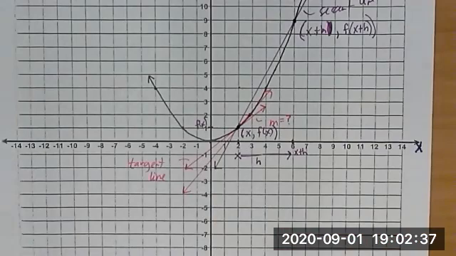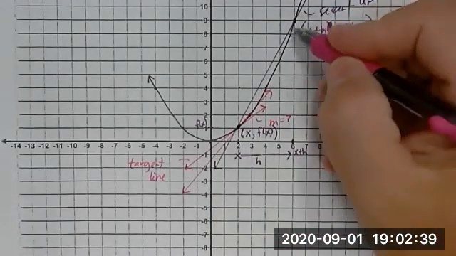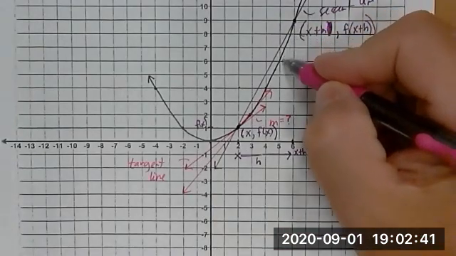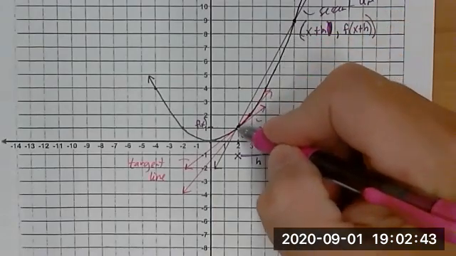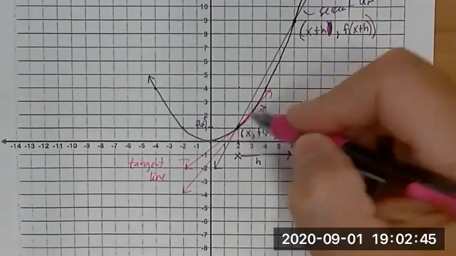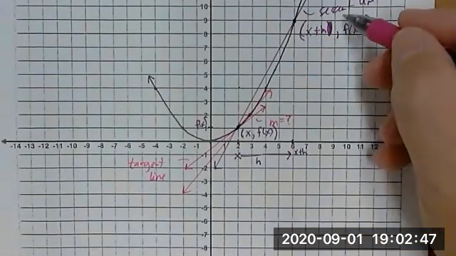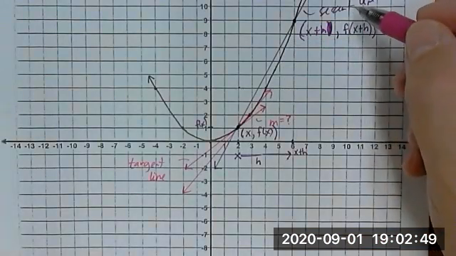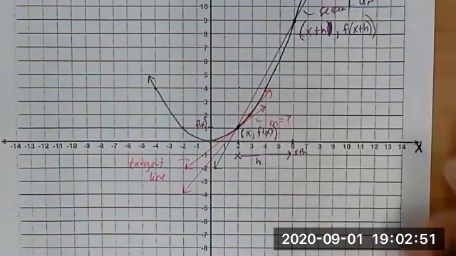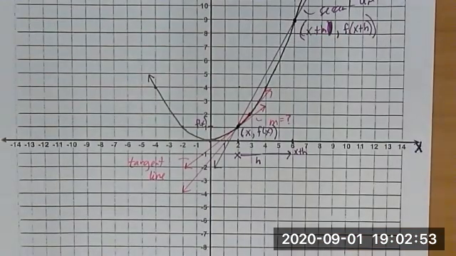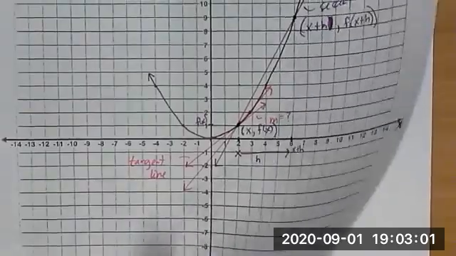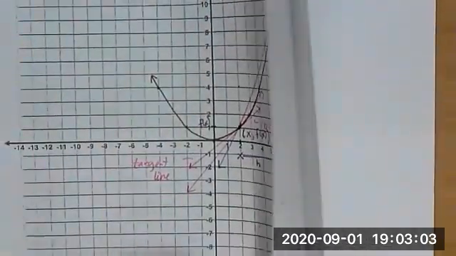So the key idea is, as you move the second point closer and closer to my original point, the secant line looks almost like the tangent line. So actually that's important enough. I'm actually going to write it down as I say it again. So here's the idea.